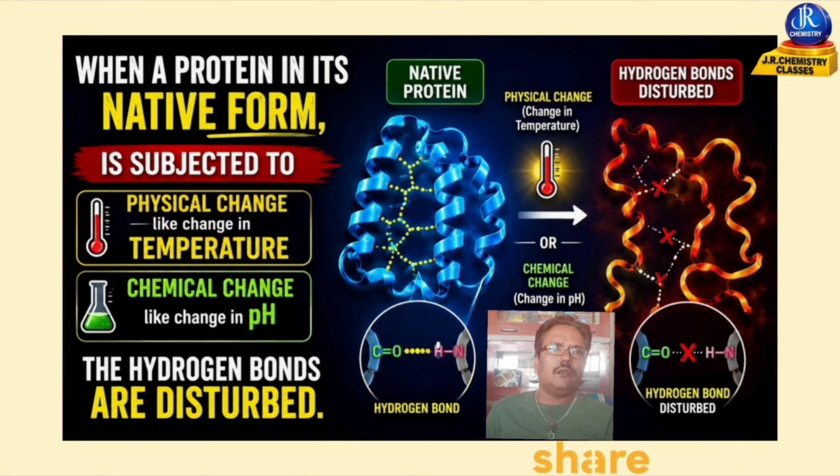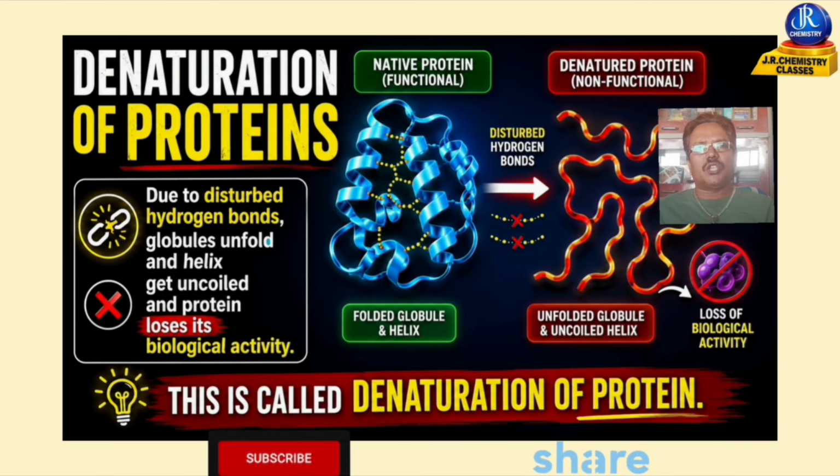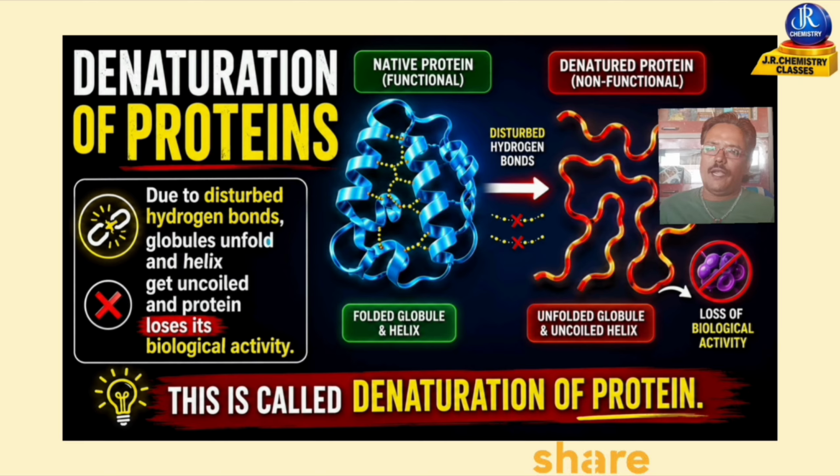When a protein in its native form is subjected to physical change like change in temperature or chemical change like pH, the hydrogen bonds are disturbed. Due to disturbed hydrogen bonds, globules unfold and helix gets uncoiled and protein loses its biological activity.